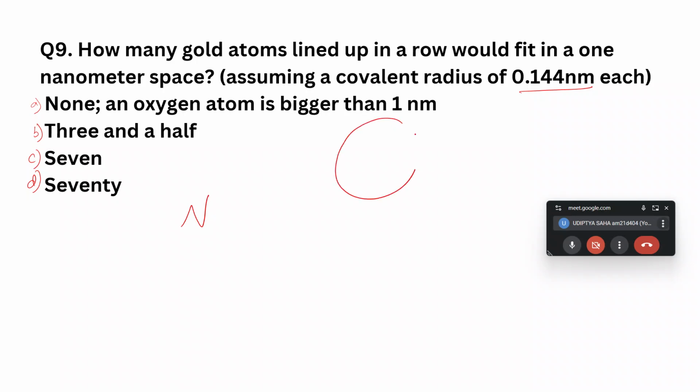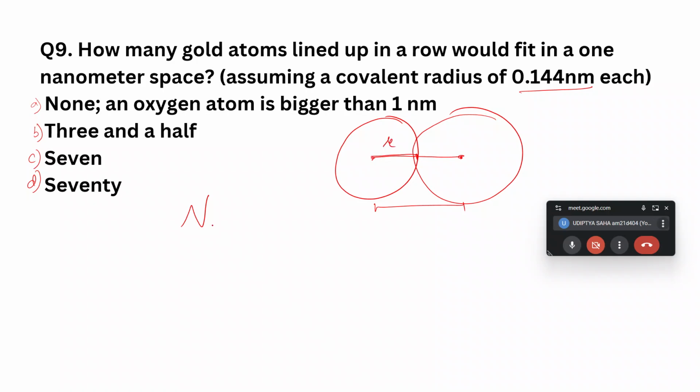So covalent radius is basically, if we have two nanoparticles like this, this is the covalent distance and this is basically the covalent radius.